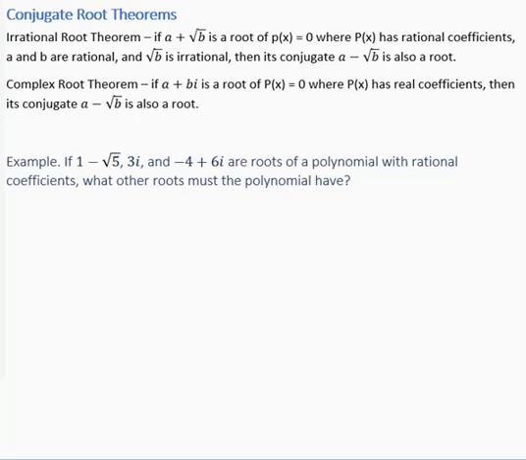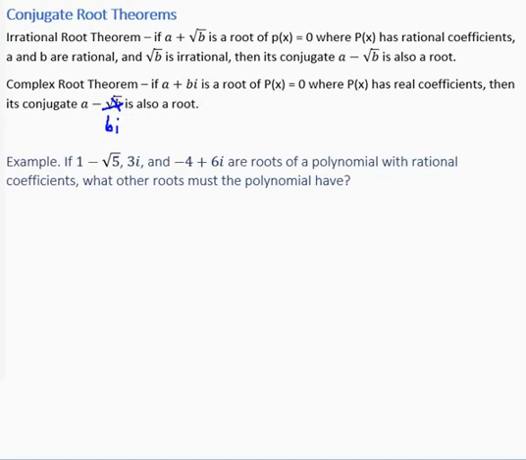And that works for any complex number, any irrational number in this form. So it has to have a square root there. It can't be like a 9 or something. And then same idea over here, except I didn't write this correctly. This would be a minus bi is also a root.